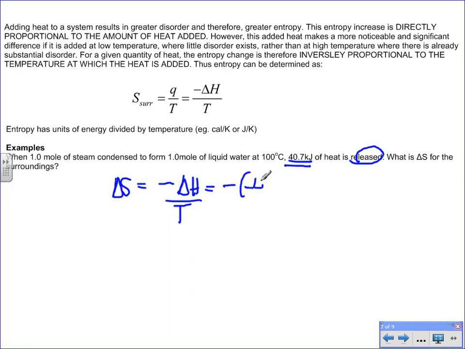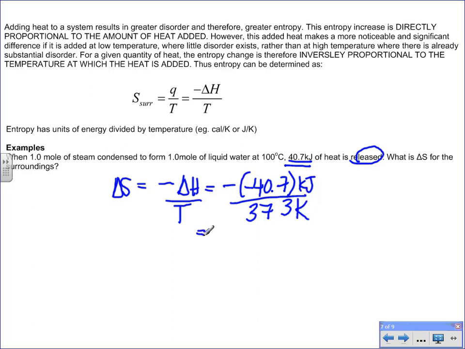So we've got an exothermic reaction, so it's negative of negative 40.7, and this is in kilojoules. And the temperature of the system here is 100 degrees Celsius. We need to convert that to kelvins, so we've got 373 kelvins.